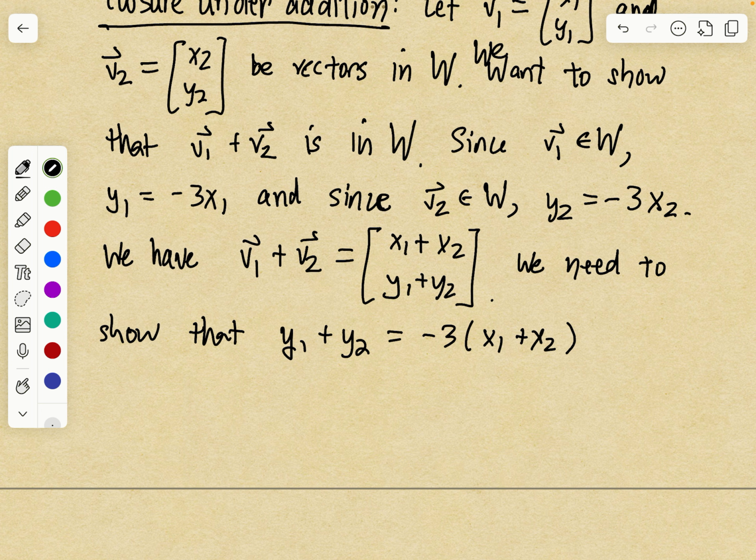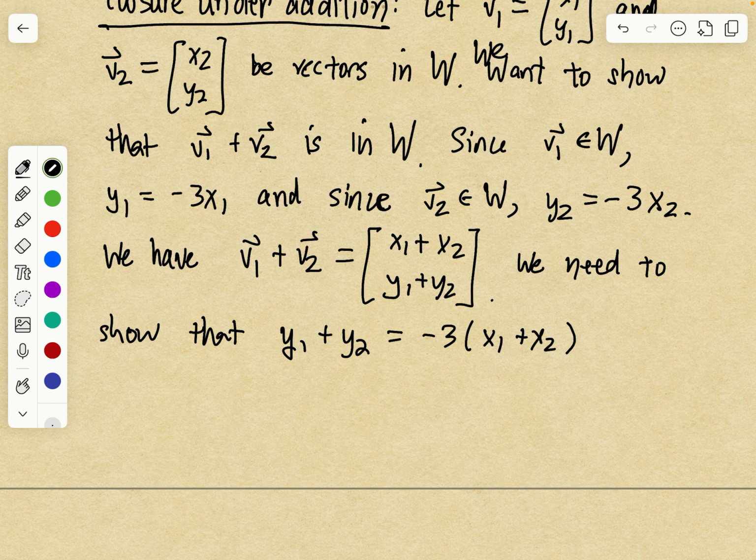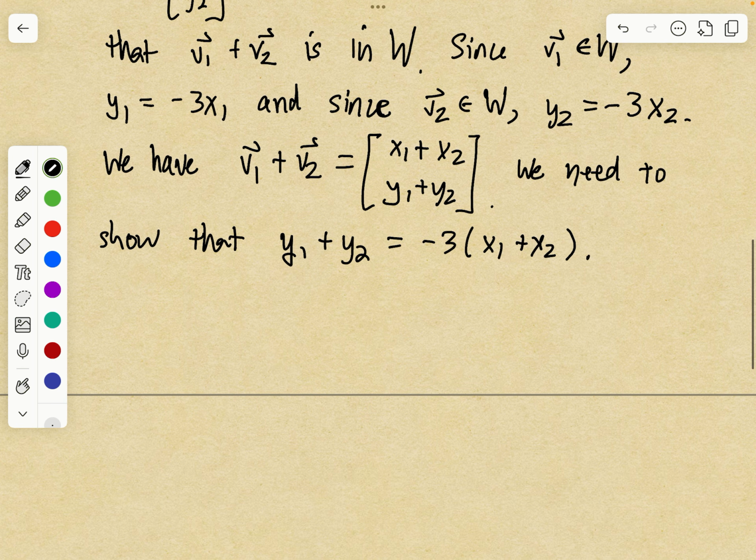Well, we know that y1 is equal to -3x1 and y2 is -3x2. So can we get this equation from those two? Yes, right? Because we can pull out the -3 from the sum.